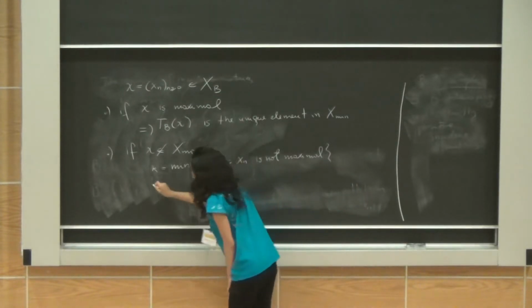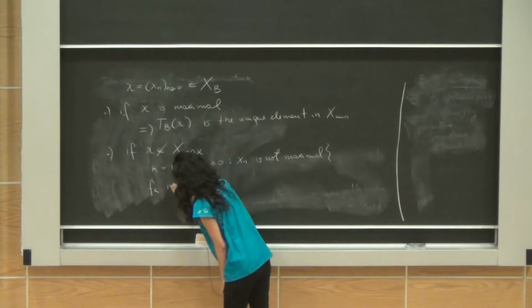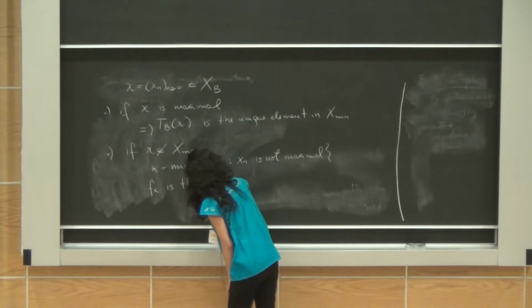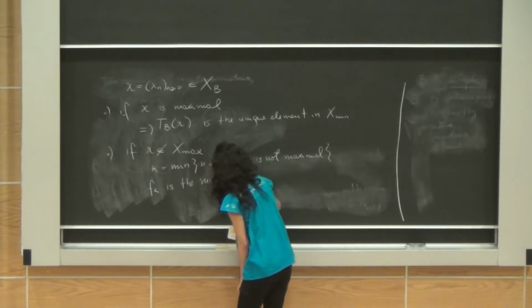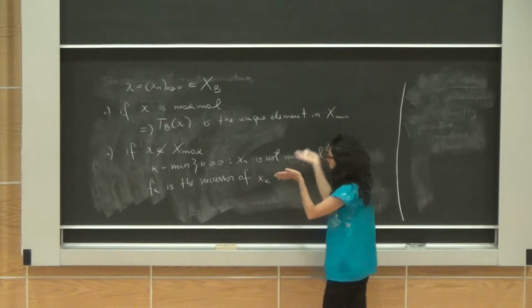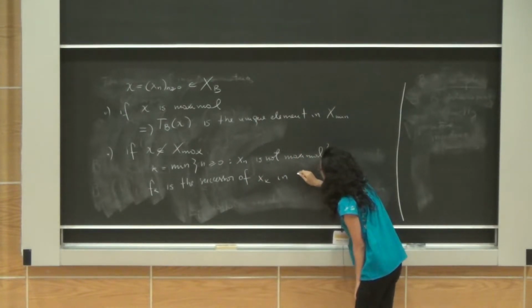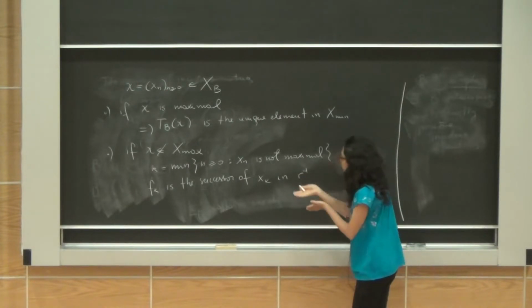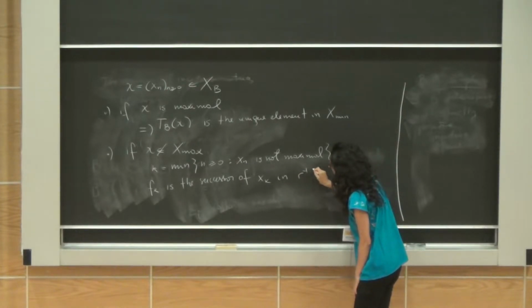So we're going to say that fk is the successor of xk in the set of the edges that arrive to the same vertex as xk.